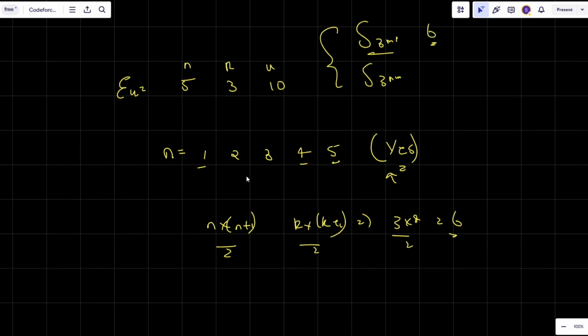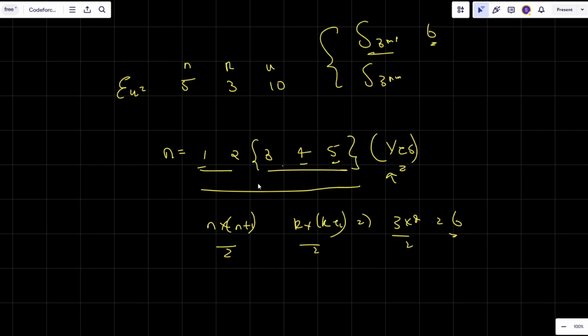Now the question arises, how can I find the sum of the three maximum elements? I'll find the sum of all the numbers, and after finding this sum, I'll simply subtract the sum of the remaining part. After subtracting, I'll have the sum of these three numbers.